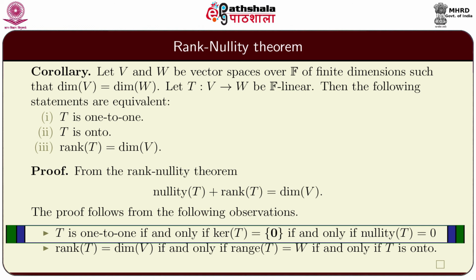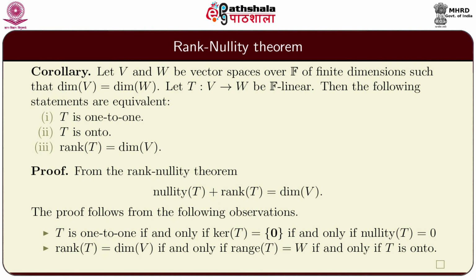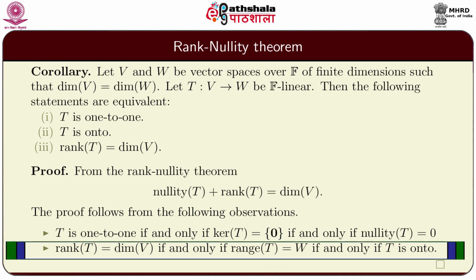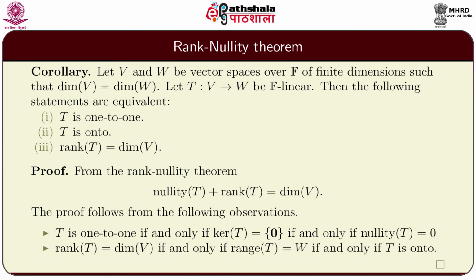So, if the nullity of T is 0, then the rank of T is equal to the dimension of V, but we know that the rank of T is the dimension of V if and only if the range of T is equal to V, if and only if T is onto. And therefore, we have proved that 1, 2 and 3 are equivalent statements.